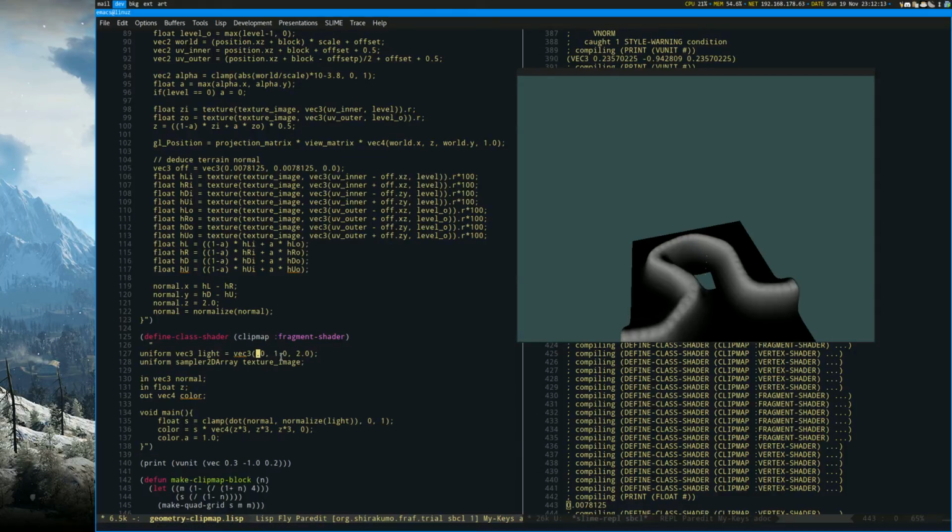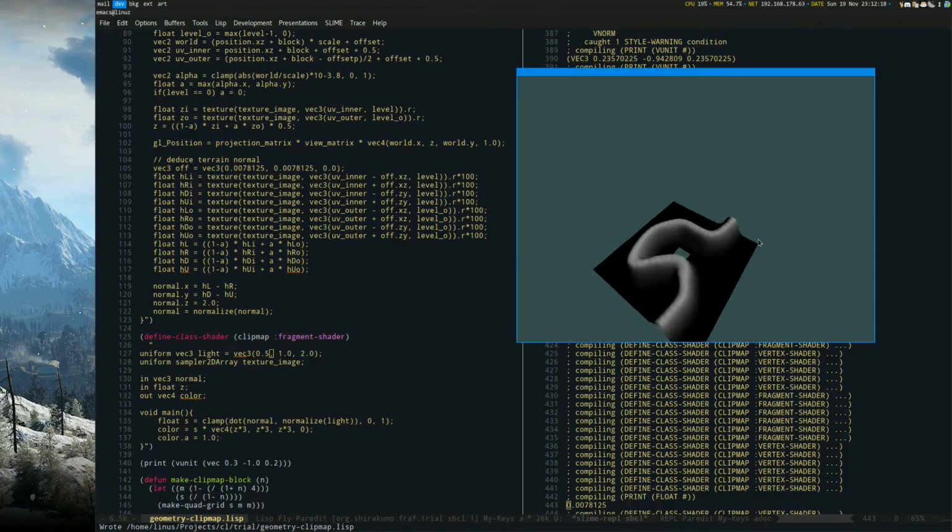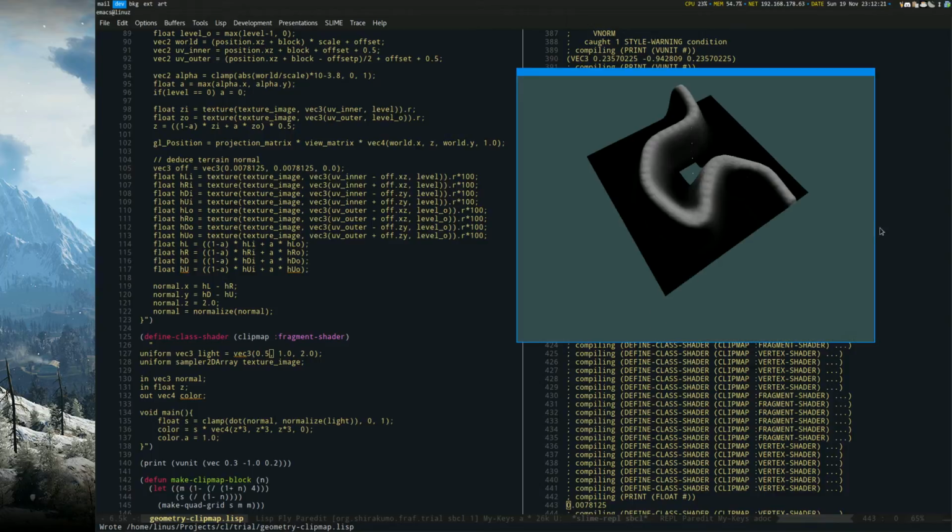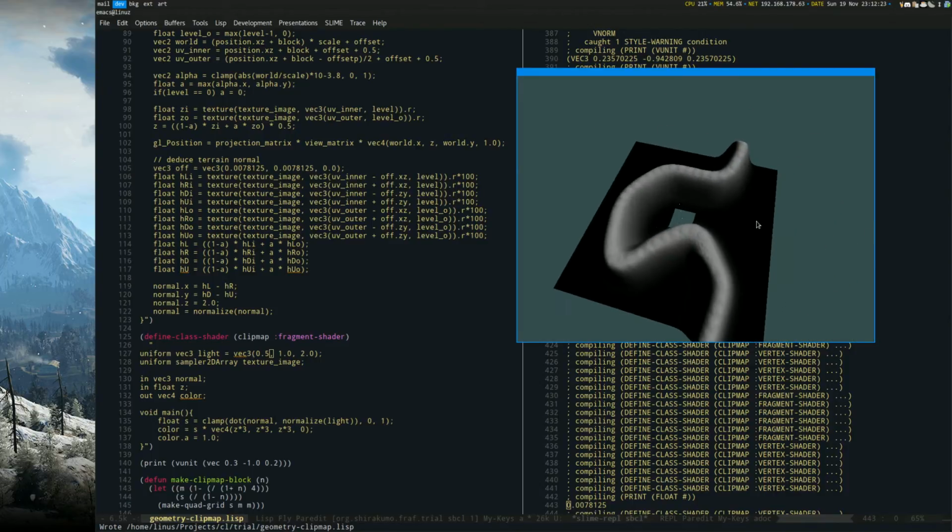I don't know what I'm doing or what is happening, but it certainly is things. Playing around with shading, I guess.